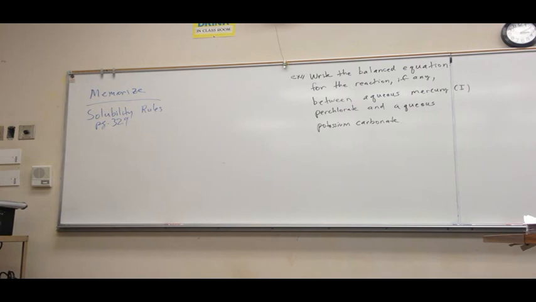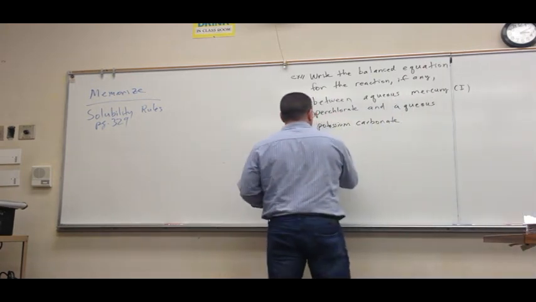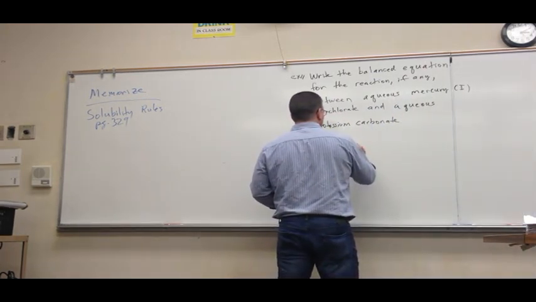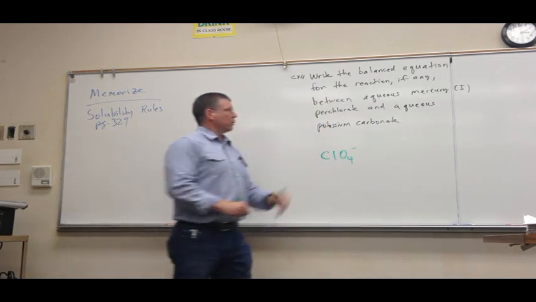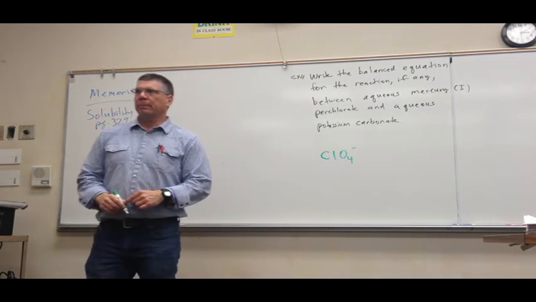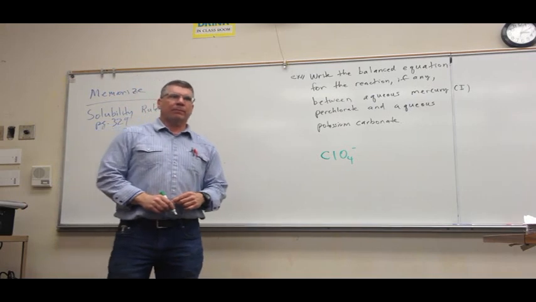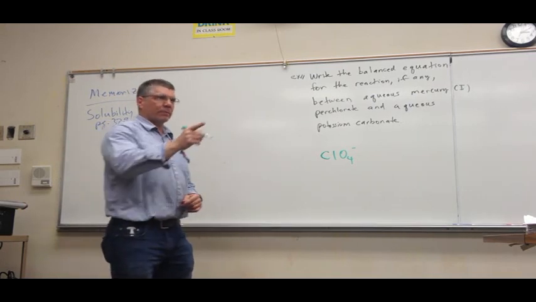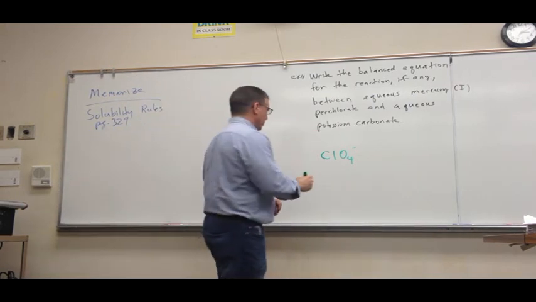Do you know the formula for mercury 1 perchlorate? ClO4 is perchlorate, yes. So let's write that down, ClO4 minus. What's the formula for mercury 1? Hg plus. Yes.